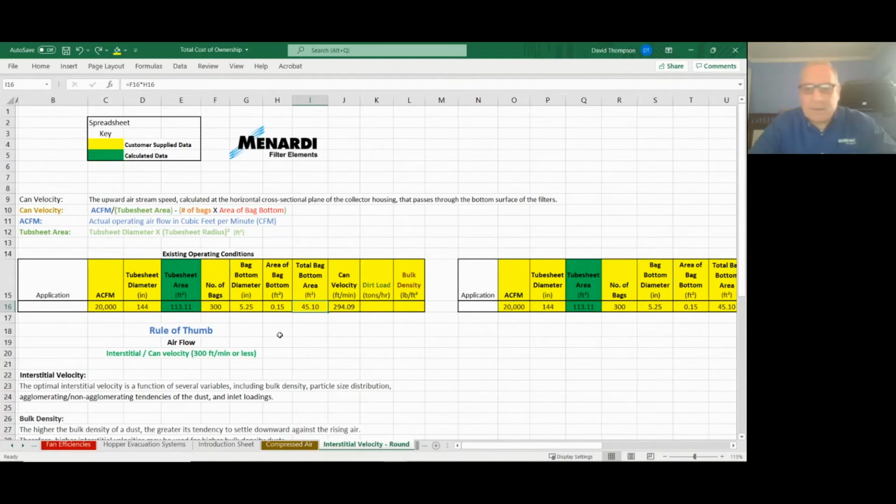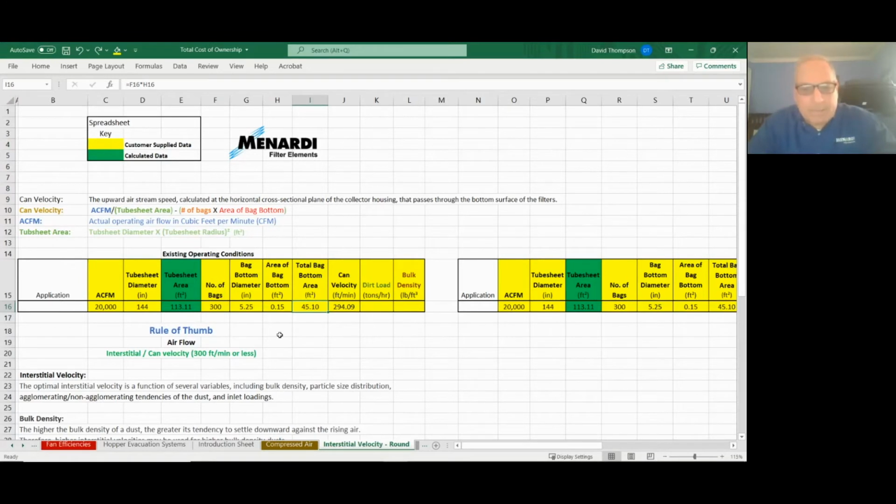What can happen in situations where you may have more dirt load than you thought you were going to have? You may have to pull some bags out to get the stuff to fall off, to create more distance between those bags. However, what that does is cut down on your air to cloth ratio, so it can make your filtration a little less efficient. There's a compromise there. It's a tough thing to remedy once you've got this problem.